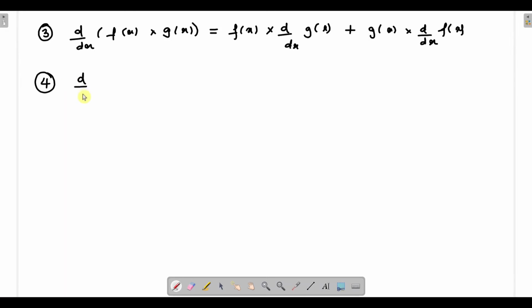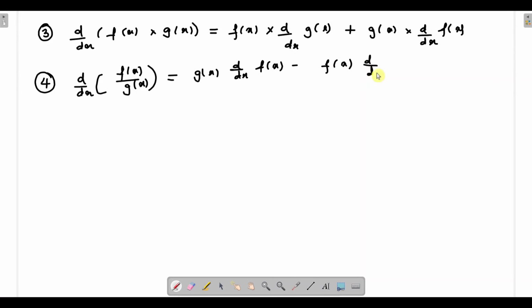Now the fourth property: the derivative of f(x) divided by g(x). Here you had a product of two functions, now you have a quotient. This will be equal to g(x) multiplied by the derivative of f(x), minus f(x) multiplied by the derivative of g(x), and then divided by g(x) the whole squared.